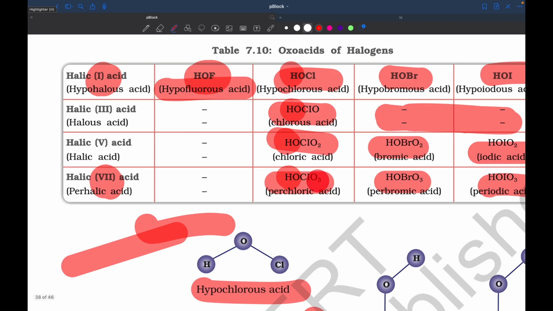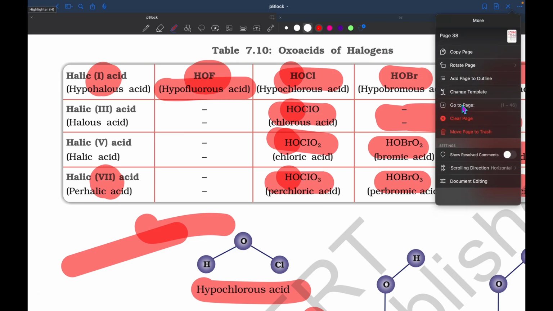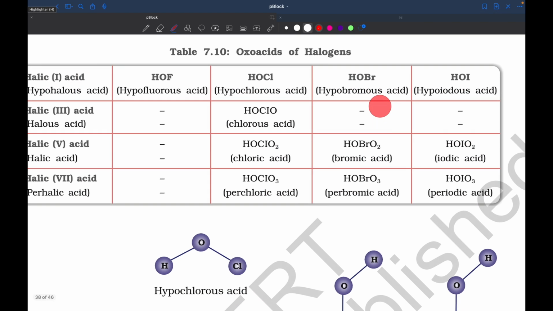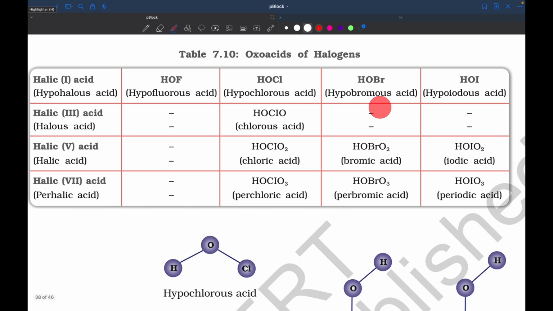So here is the table. Check the table. In the table, fluorine has only one oxo acid, that is hypofluorous acid. Chlorine has all four.